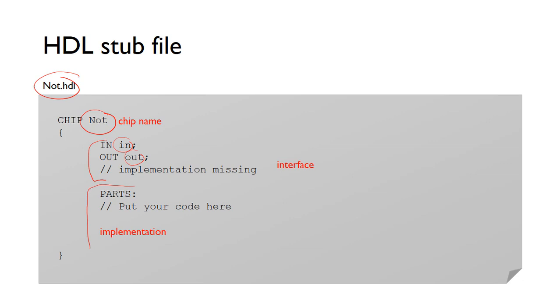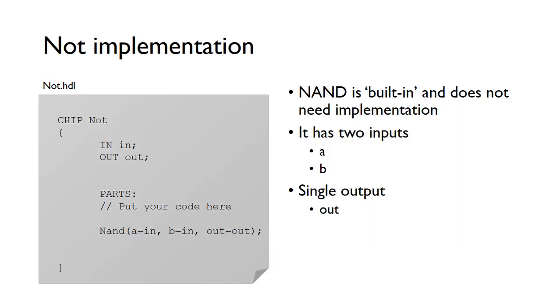We know that for a NOT gate, we can implement it by getting a NAND gate and connecting the inputs together. So here we'd have the input in and the output out. That's the interface to the NOT gate, which is functionally equivalent to a NOT gate.